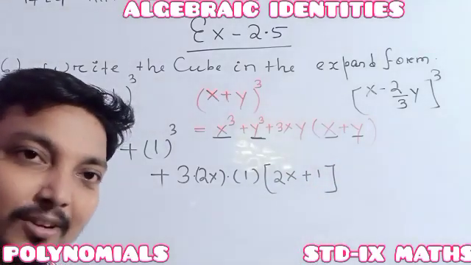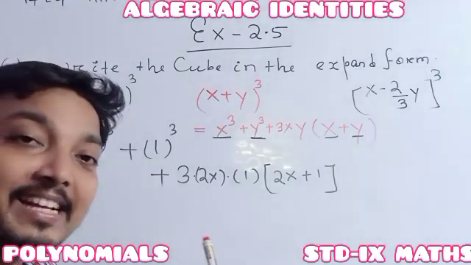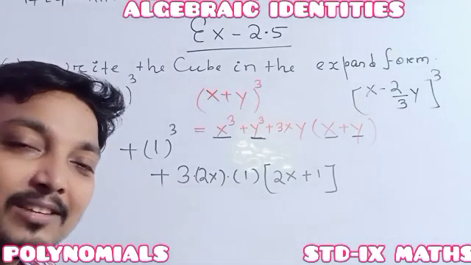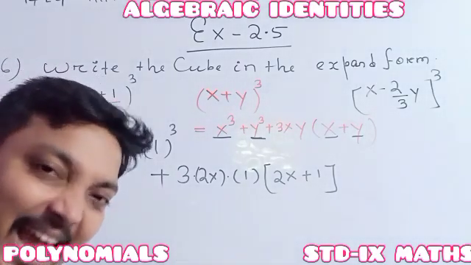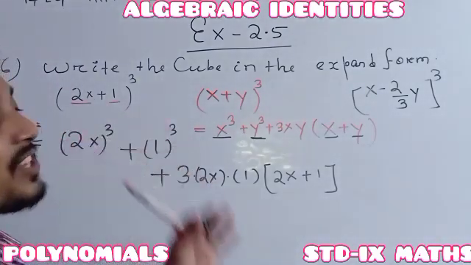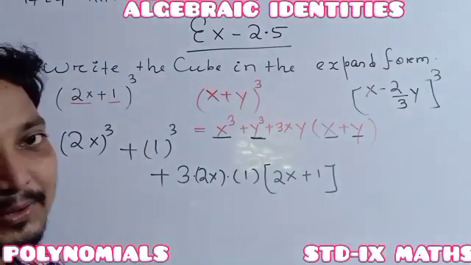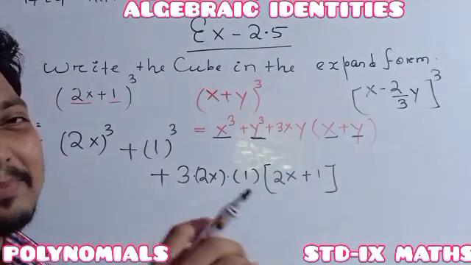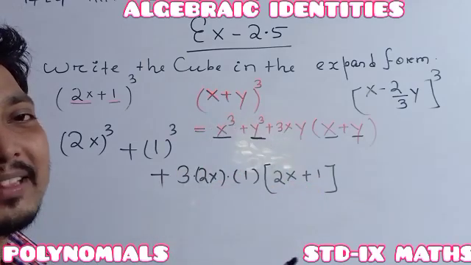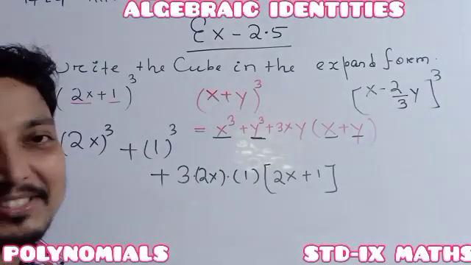Understood or not understood? In the algebraic identity, the expansion form is given by using our first term and our last term. The important thing is that in the factorization form you just have to choose which is the first term and which is your last term. Otherwise, you only have to do the arrangement by putting the first term and the last term in the expansion form.